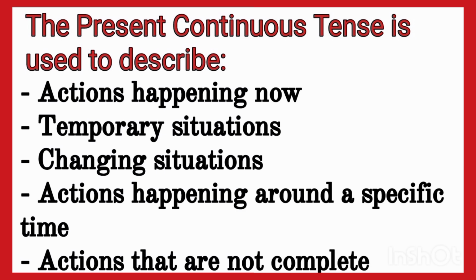It's continuous form. Then actions happening around a specific time, where right now is the specific time, and actions that are not complete. So these five kinds of actions are described by the present continuous tense.